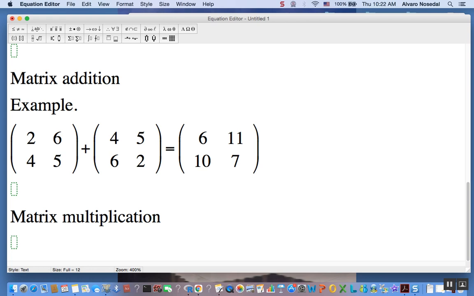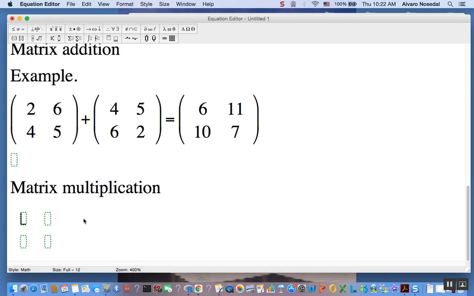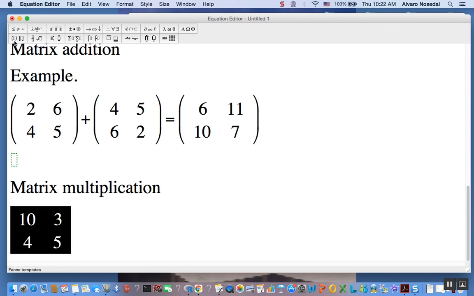So let's try again and do an example. Let's do a different one. Let me define another matrix here, a 2 by 2 matrix: 10, 4, 3, and 5. That's the first one.